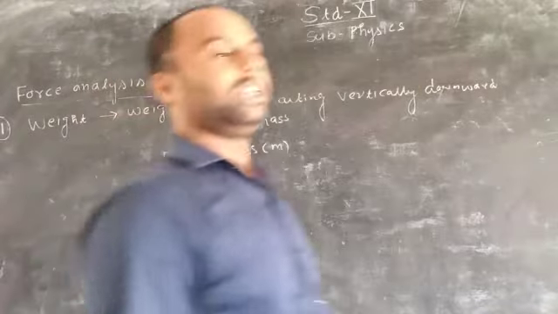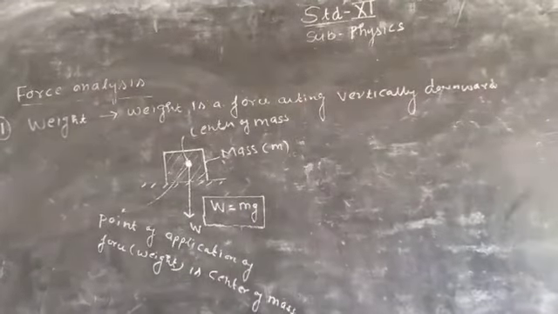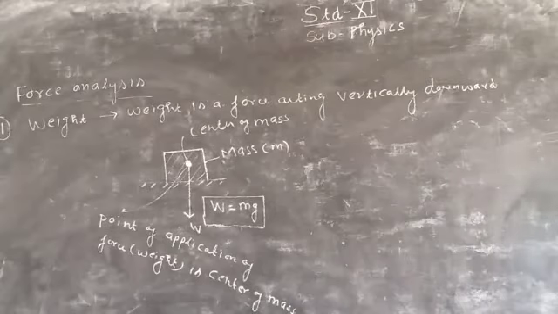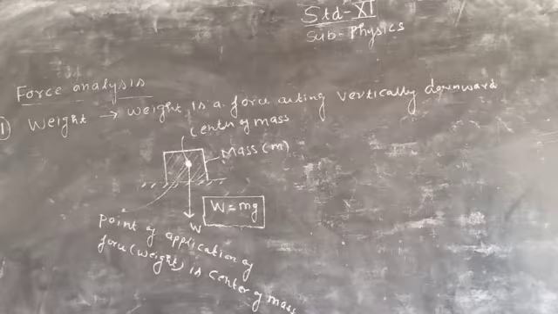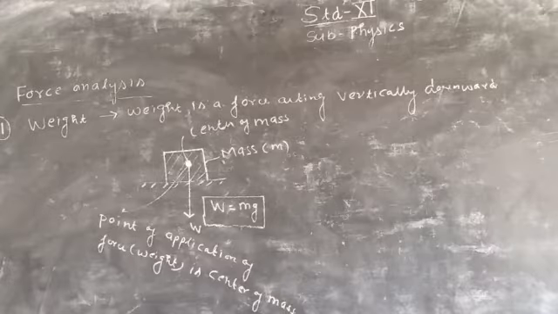We have assumed that all the objects we have to study in force analysis are of uniform density. If the density is uniform, then the mass distribution is uniform. If the mass distribution is uniform, then the whole body has uniformly distributed mass, and the center of mass is always acting at the center point of the geometry.